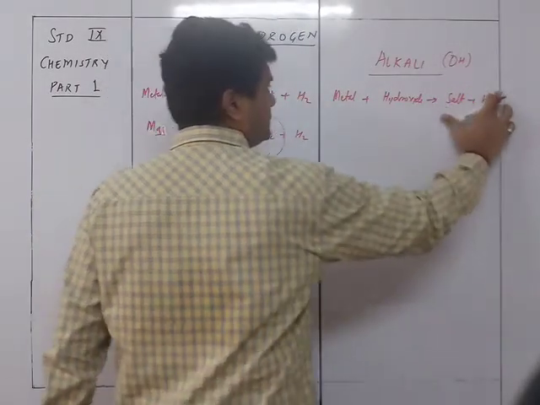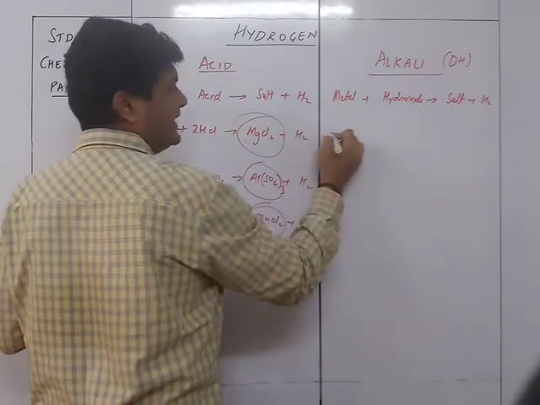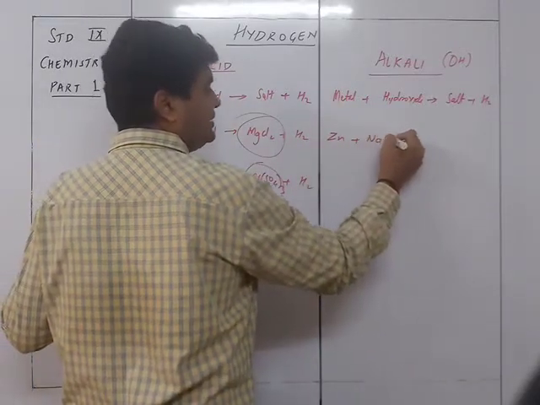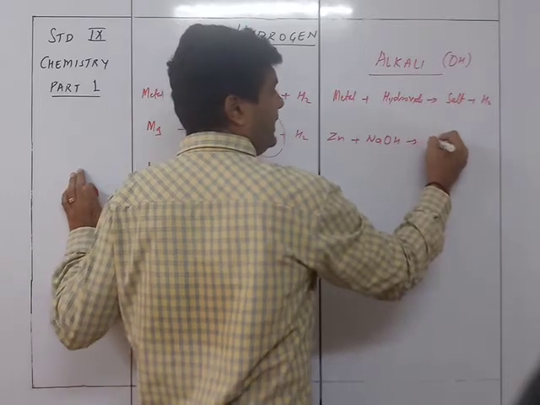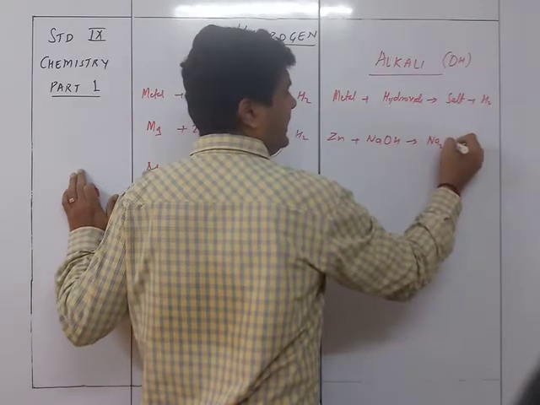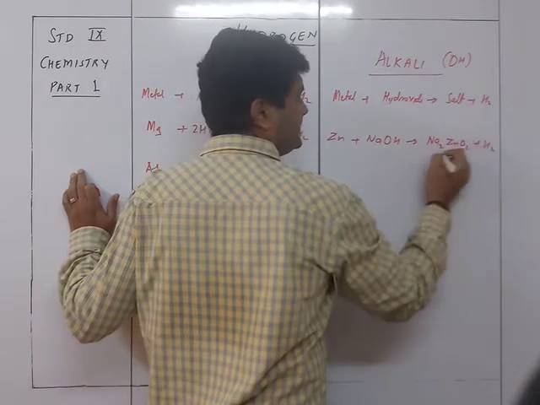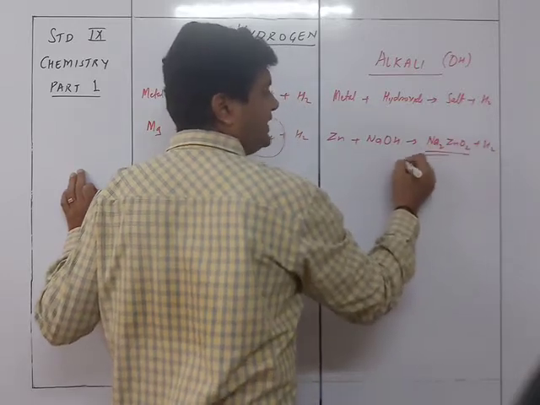The example over here will be Zn plus NaOH giving you Na2ZnO2 plus H2. This is nothing but sodium zincate.